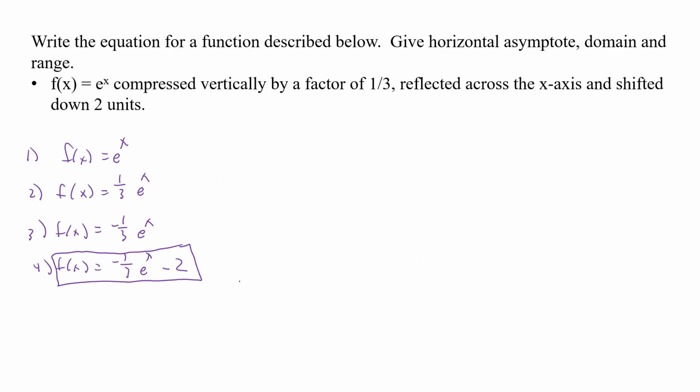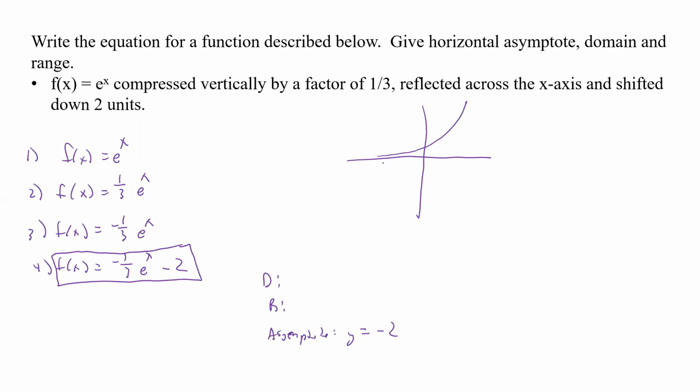Now, what do we know about the domain, range, and asymptote? So the domain, our range, and our asymptote. Well, y is going to be equal to what? Well, when we go down -2, that's going to be our new asymptote. Our range is going to start at a -infinity because we flipped it across the x-axis. So we had our e to the x initially.